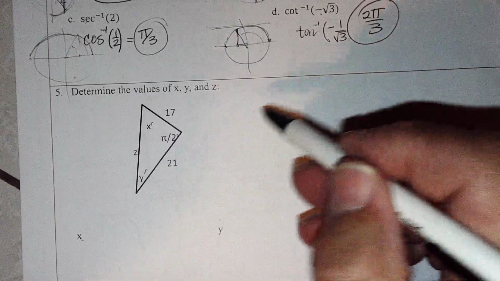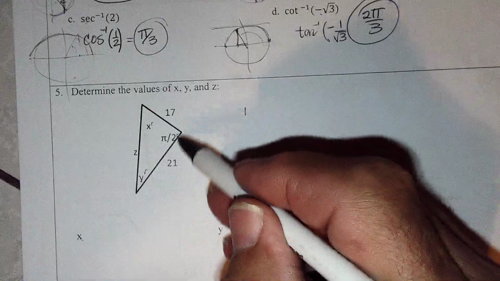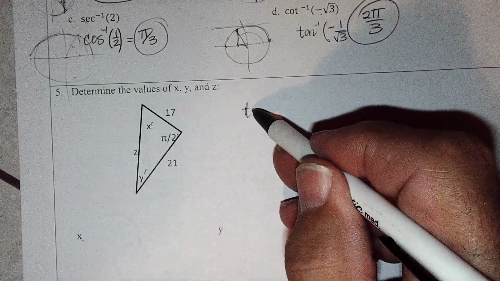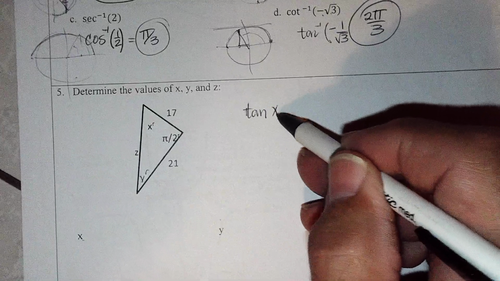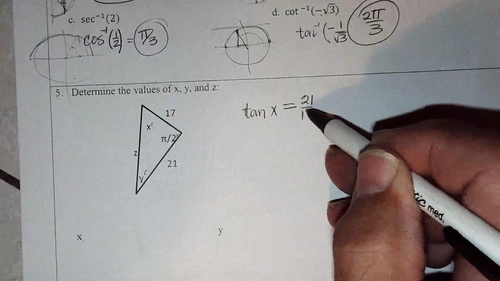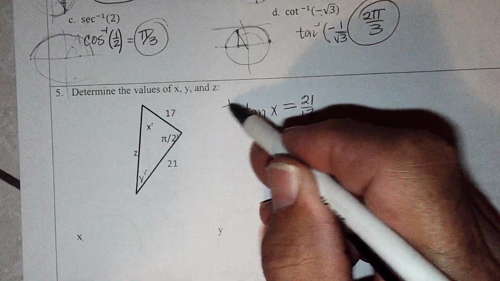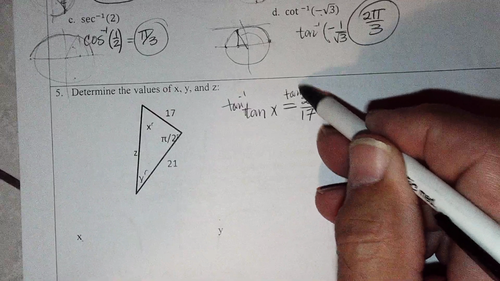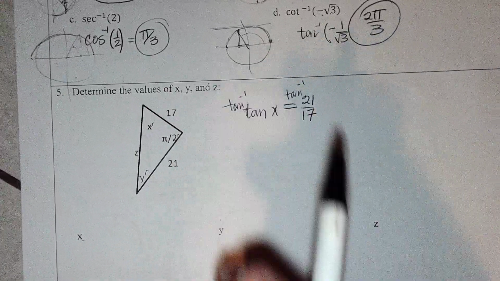Since x is the first one to find, this is for the x, that's opposite and adjacent. So the tangent of x is 21 divided by 17. So then I take the tangent inverse, and I should get x.